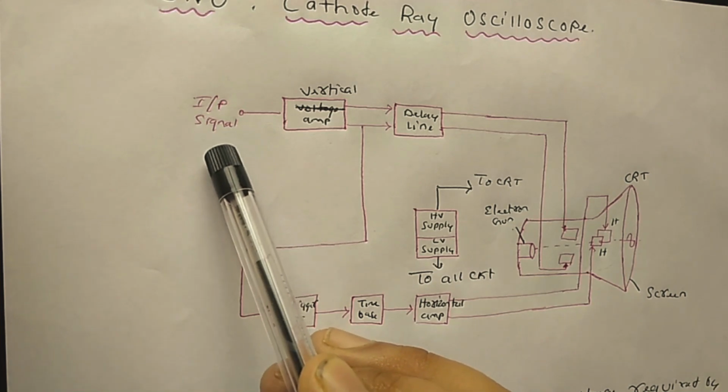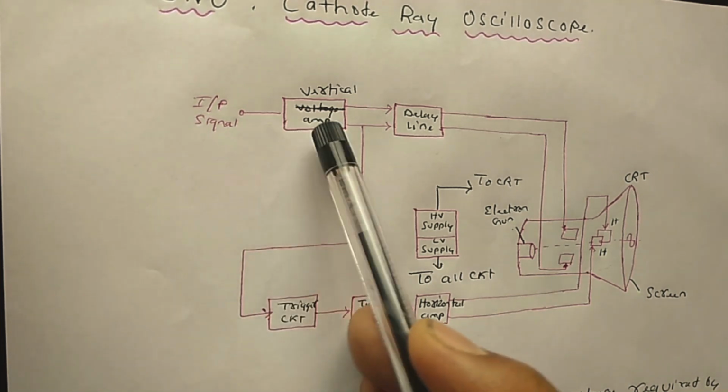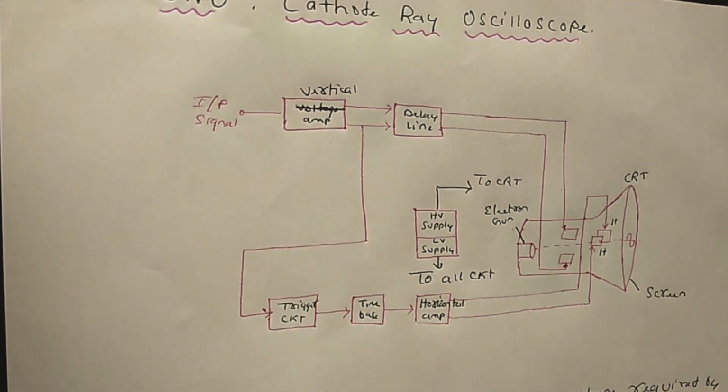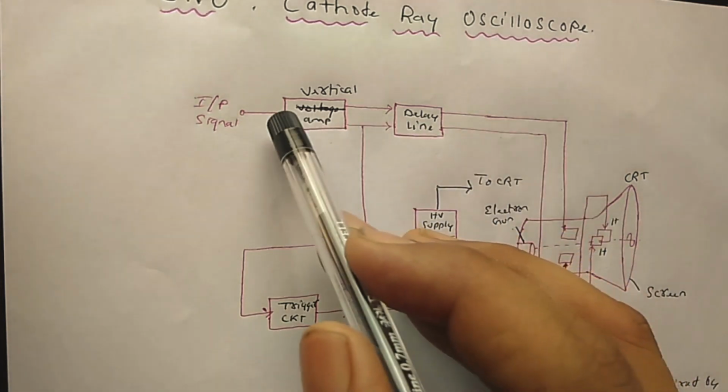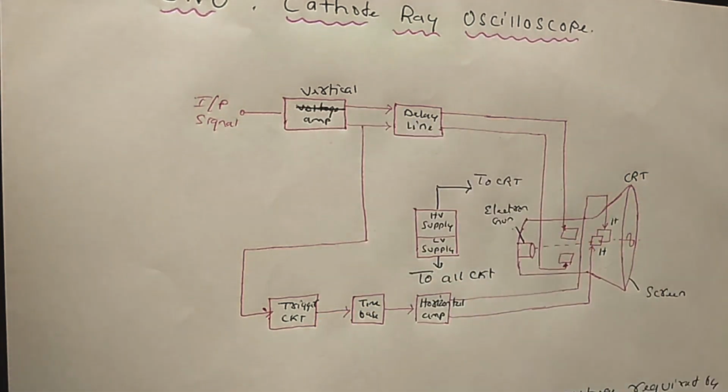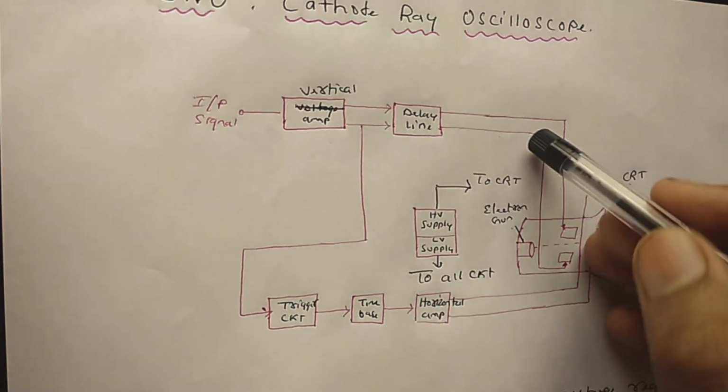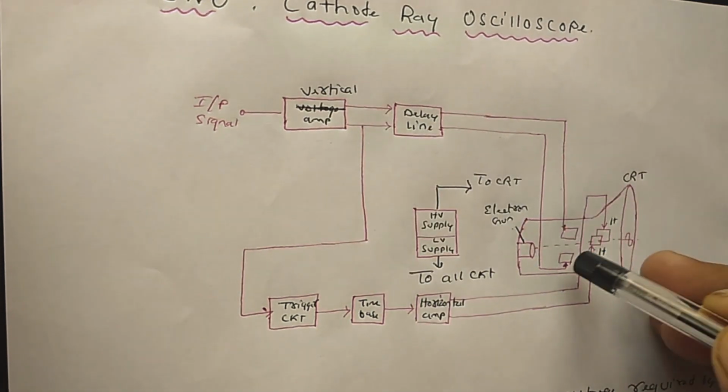Now we move on to the input signal. The input signal goes to the vertical amplifier. What is the work of the vertical amplifier? It simply amplifies the signal to the high potential needed by the vertical plate, so that the voltage is at a level that will deflect the vertical plate.